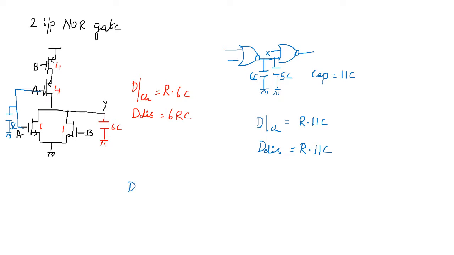The normalized delay with respect to the unit inverter is now equal to 11 by 3. Now this 11 by 3 can be written as 2 plus 5 by 3 into 1.